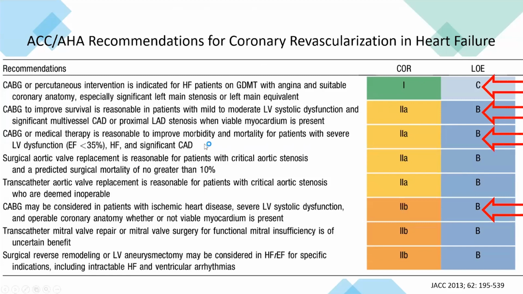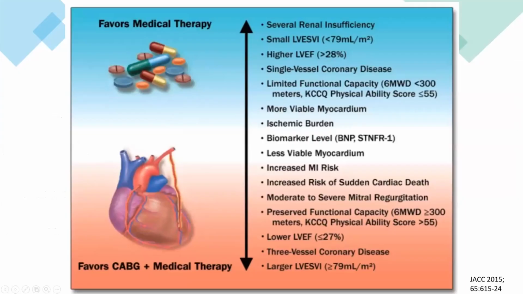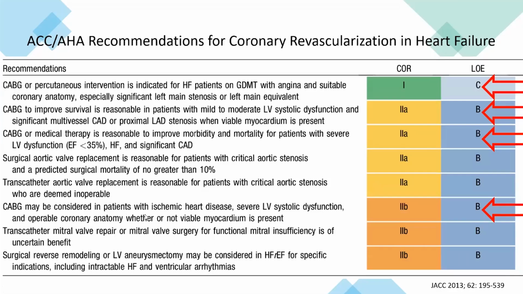This is STITCH. And if we go down here, we can see CABG may be considered in patients with ischemic heart disease, severe LV systolic dysfunction, and operable coronary artery, whether or not viable myocardium is present. This is a class 2B indication. Now, this is also STITCH.